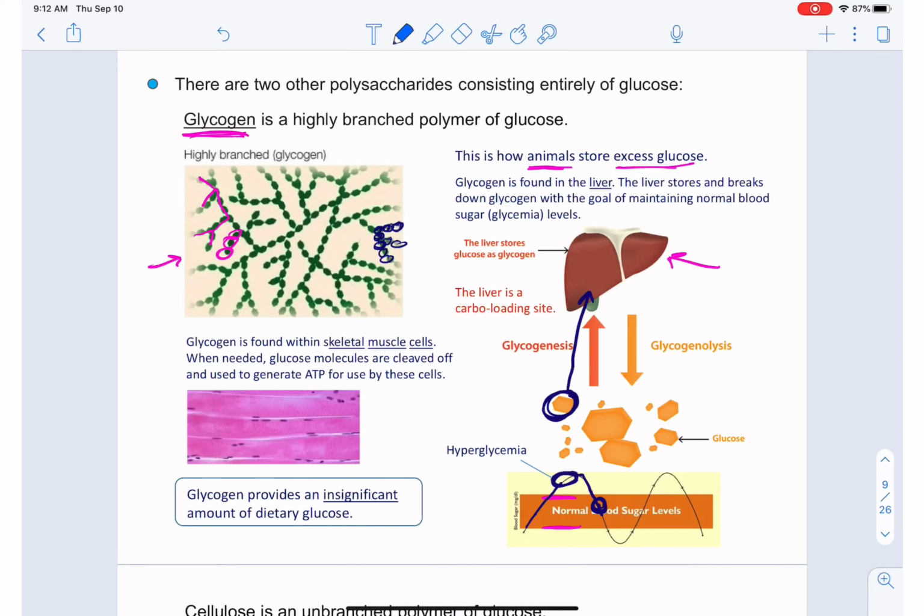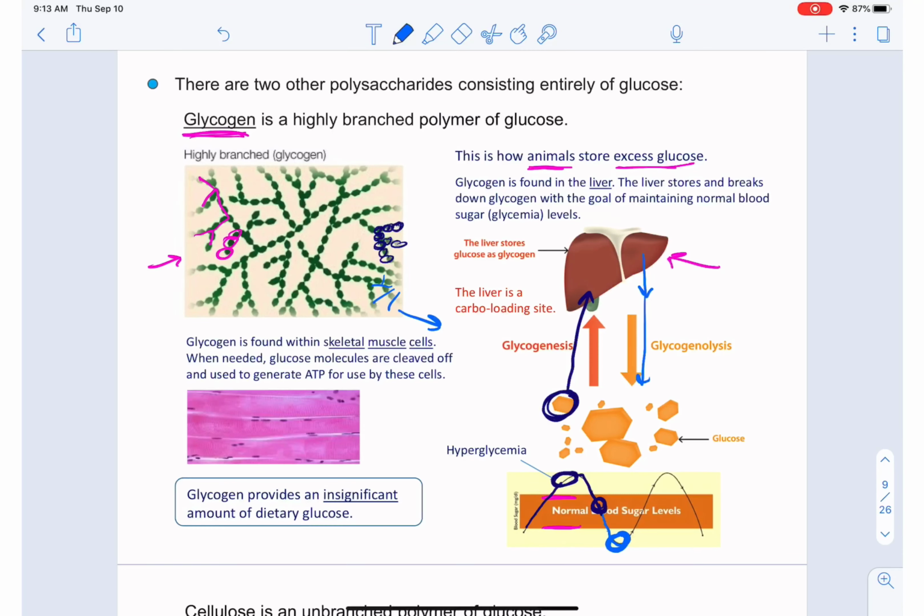And your blood sugar is going to fall below levels that it needs to be. So what do you do now? If you're not consuming any food, you need to get your blood sugar up somehow. Well, in that case, what the liver does is the liver takes this glycogen, it cleaves off individual glucose units, and it sends that glucose back into the blood.